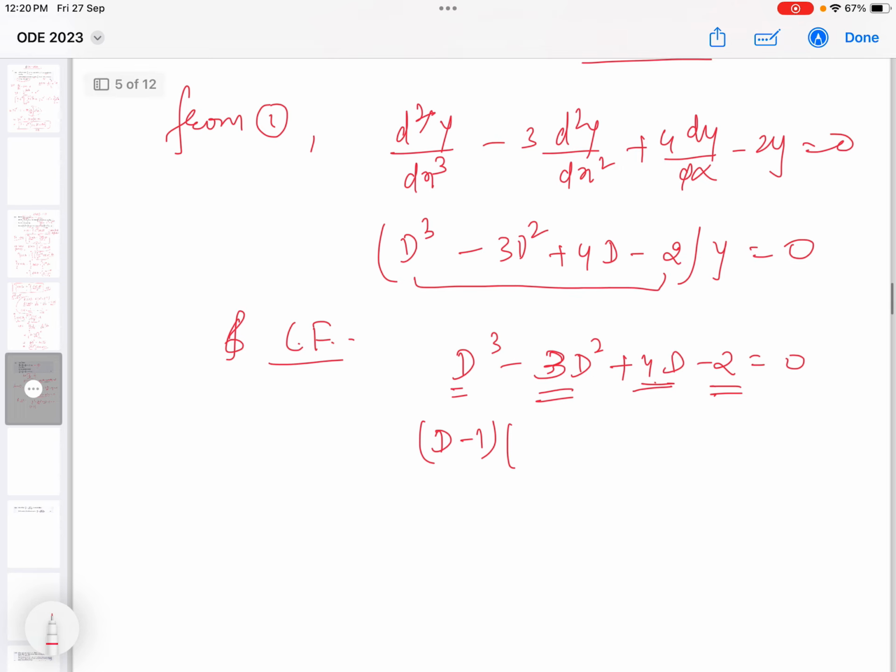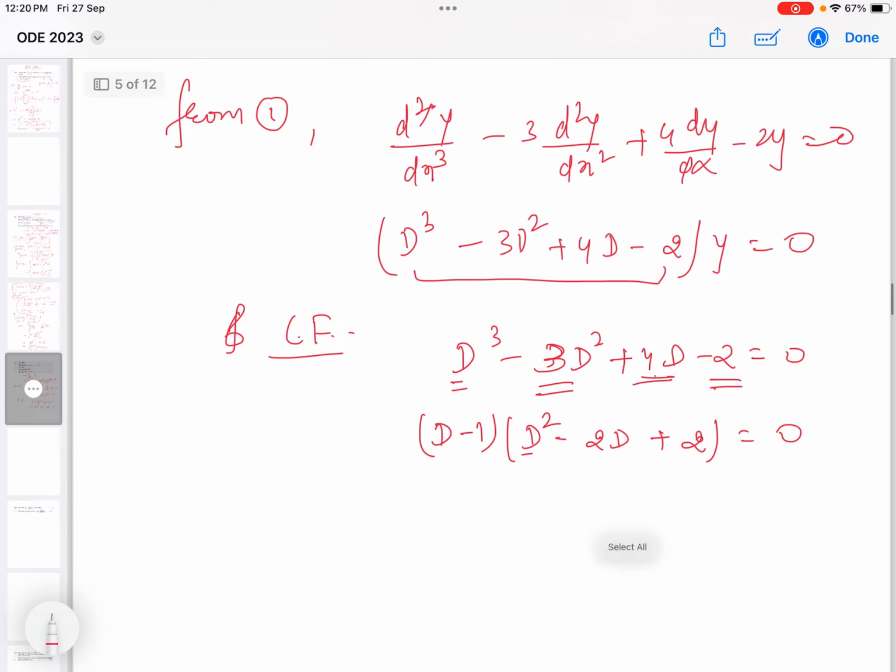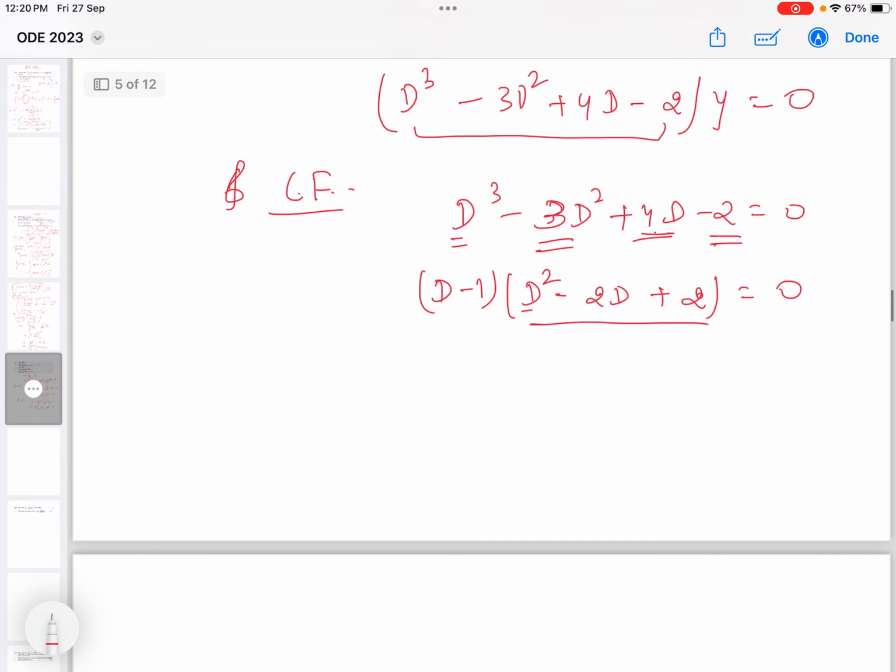So we factor it as D square, then D cube minus D square, minus 2D square plus 2D, and so on. Simplifying this, since it will have imaginary solutions, we'll be using the Sridharacharya quadratic formula.